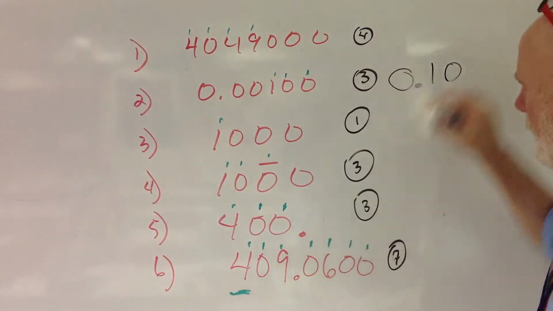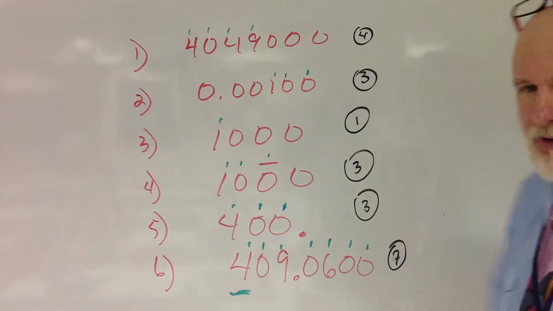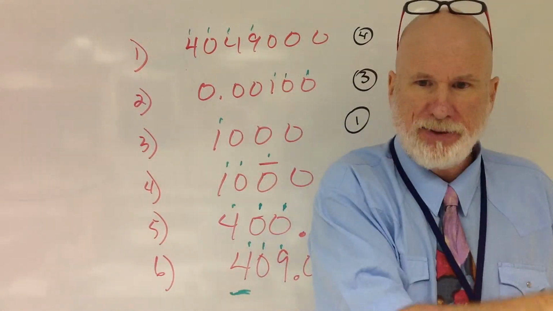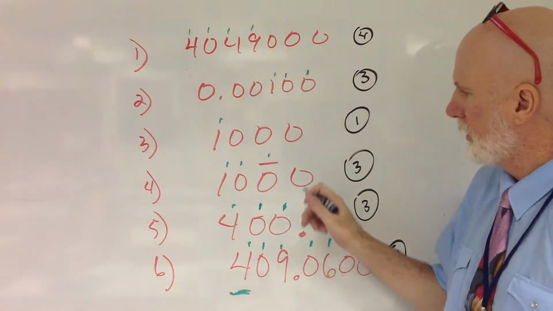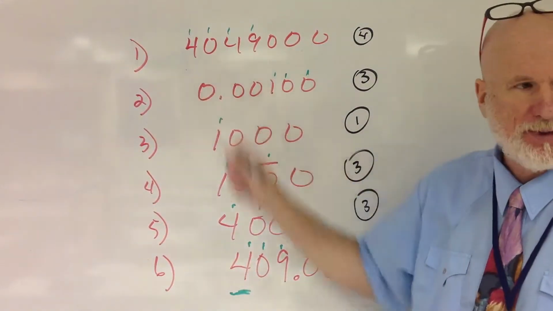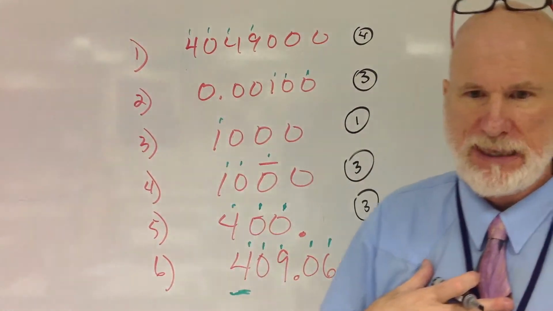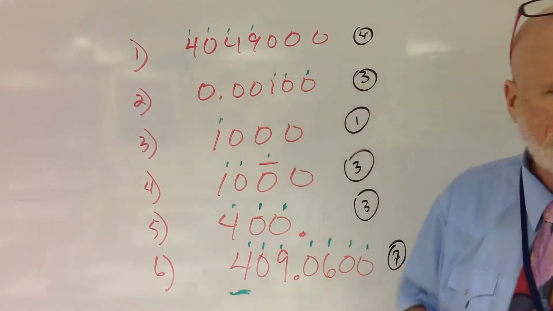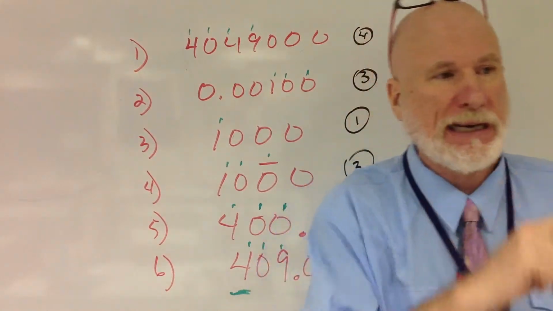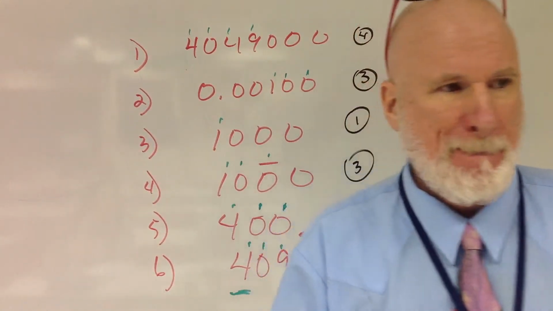So you can always identify new math and old math. I'm part of the new math, so I always say 0 point. I always put a 0 there. But people before the 1960s would just put 0.00100. Go figure.